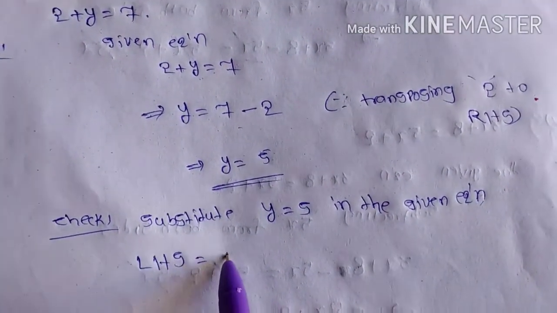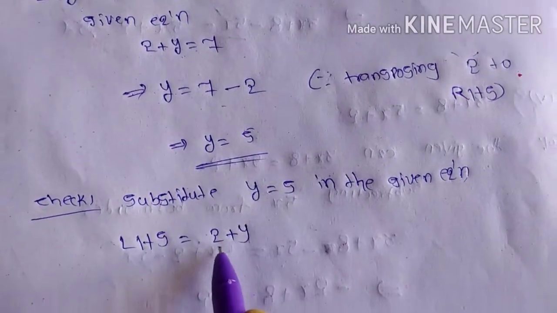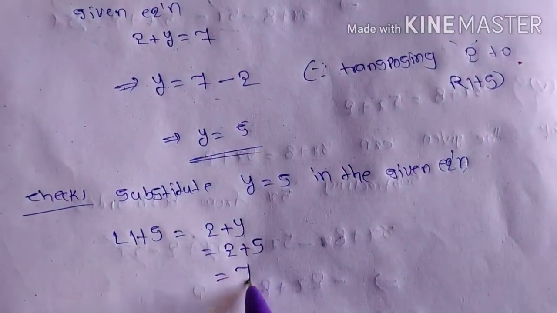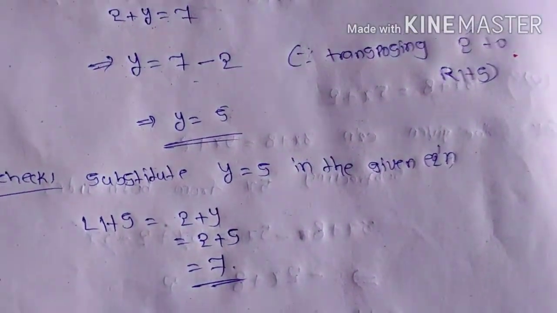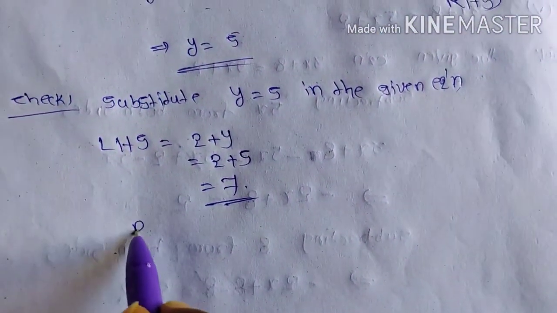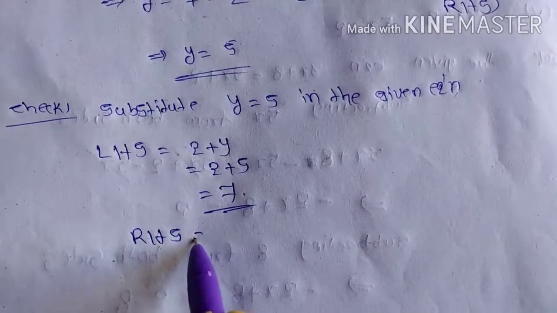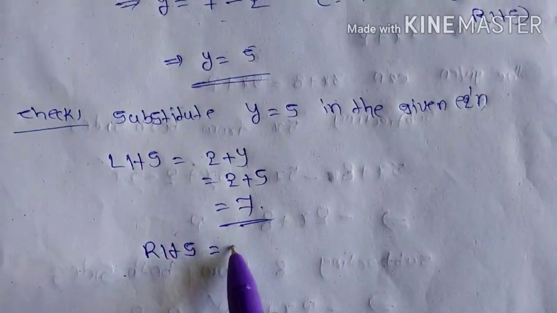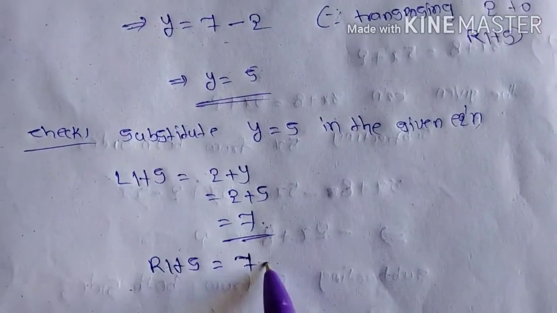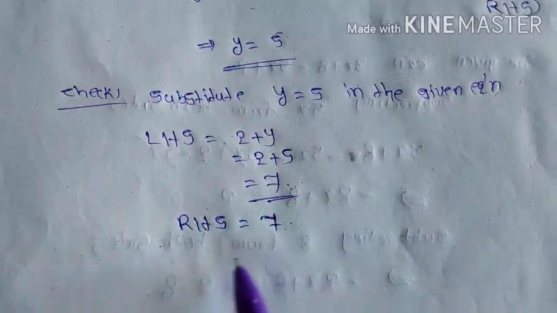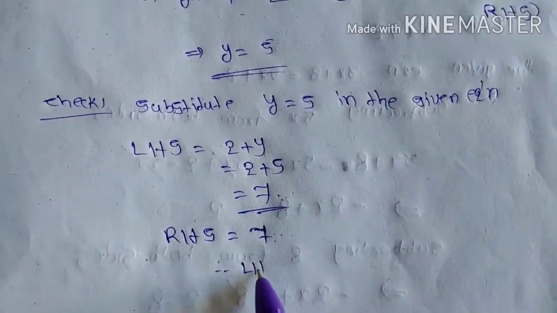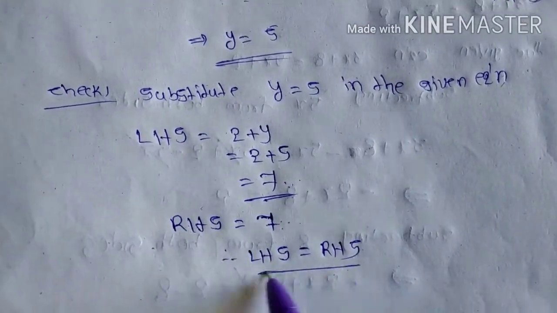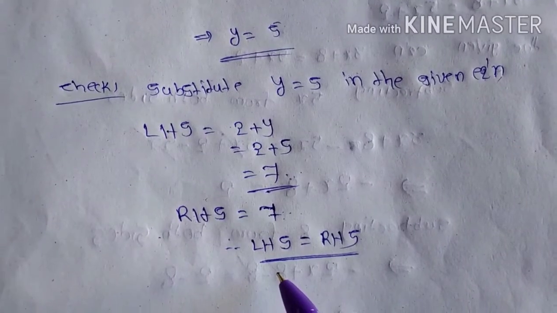Yes, you can see here 2 plus 5. That means 2 plus 5 is equal to 7. 2 plus 5 is how much? 7. In the similar way, RHS value is how much? See in the equation, RHS is 7 only directly. See, both are equal or not? Yes or no? 7 is equal to 7. Therefore, you can write here LHS is equal to RHS. Verified. This is your solution.